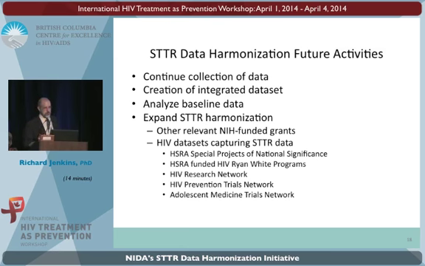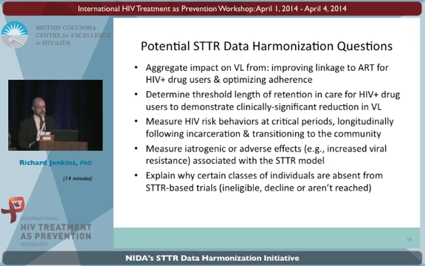We have actually now a large number of such grants, and trying to incorporate surveillance data where that's possible, but also trying to incorporate data sets from other NIH or US government funded research projects, such as the HRSA, SAMHSA special projects of national significance, which tend to be much more about demonstration projects in the community, Ryan White programs, and the various other HIV research trial networks.